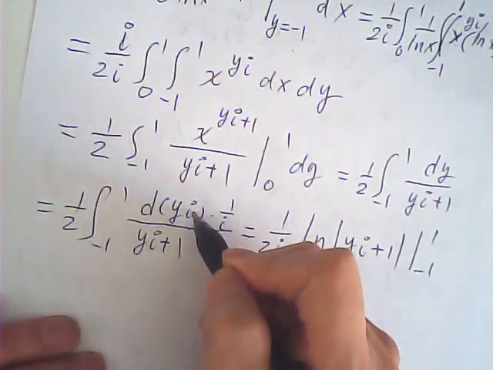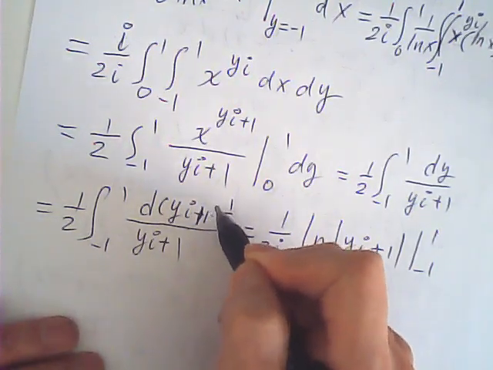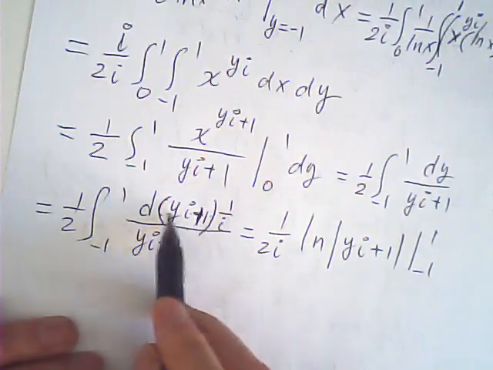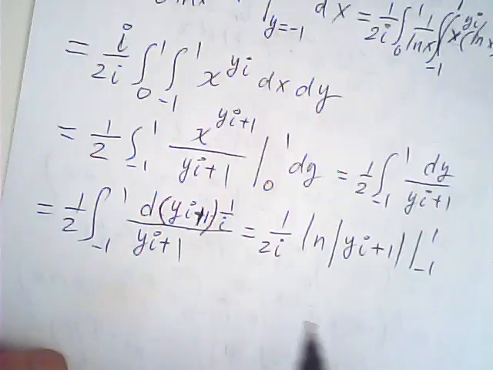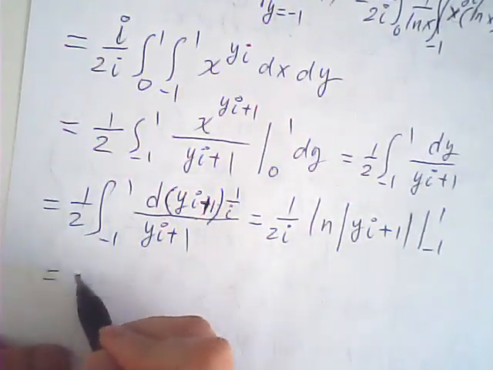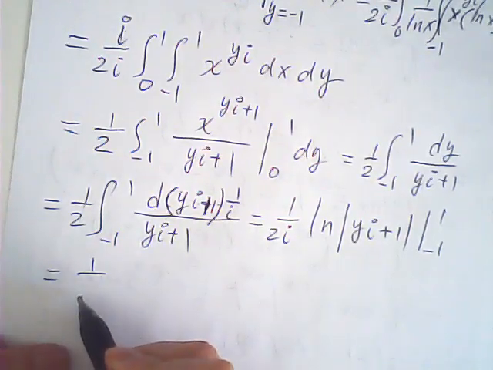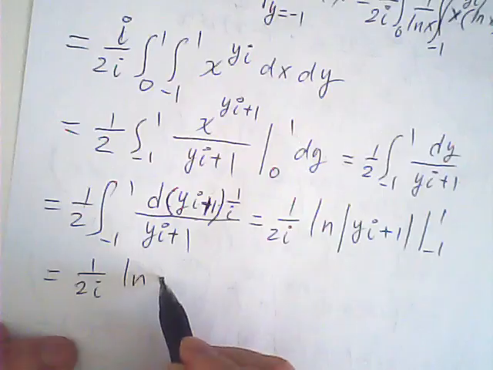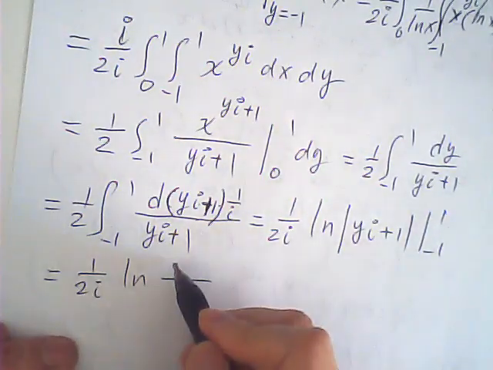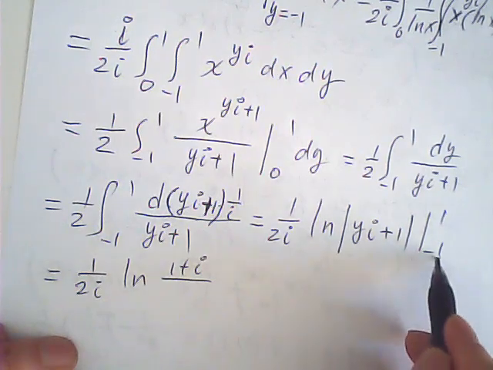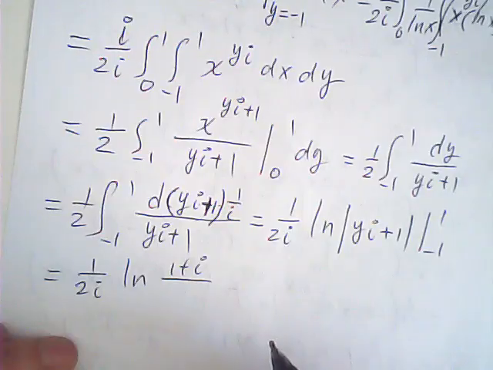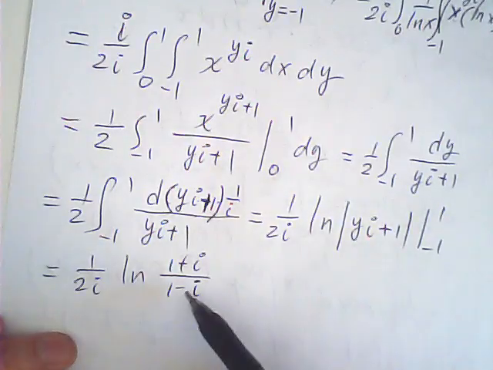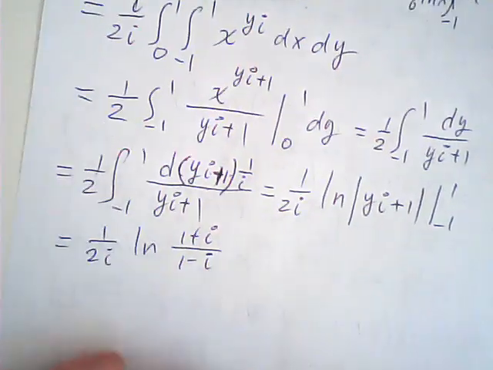It's no difference. This becomes log 1. So it becomes 1 over 2i, log of 1 plus i, minus log of 1 minus i, right? I can combine them like this.